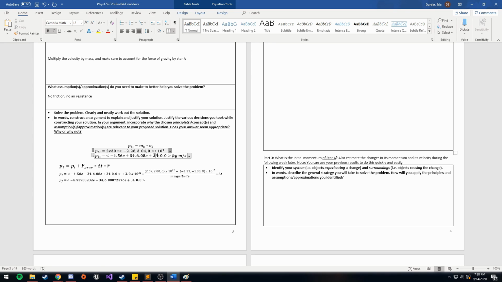Are you guys getting those values for your momentum or for your unit vector? For the gravity vector. It already gives you the force. All you need to find is the unit vector.